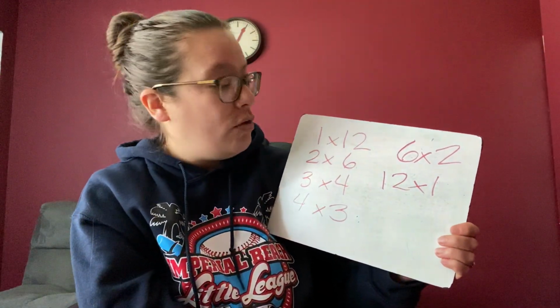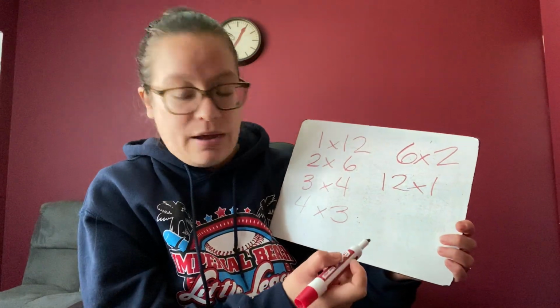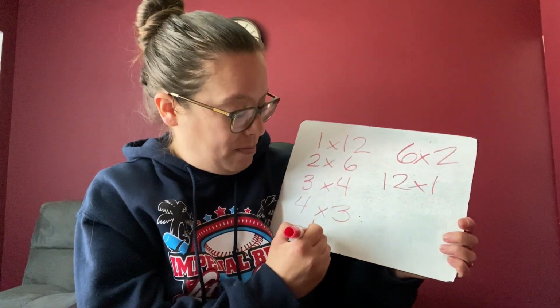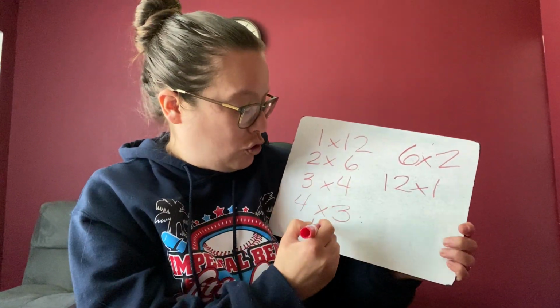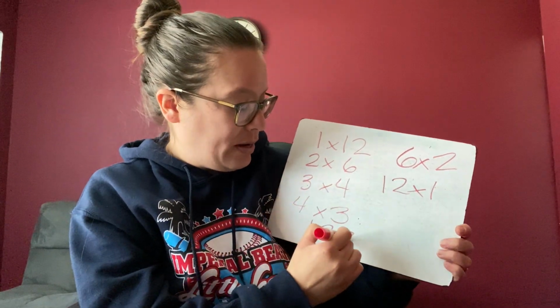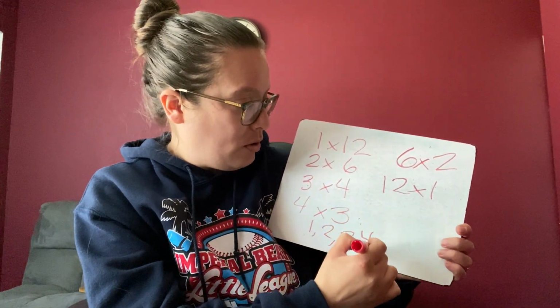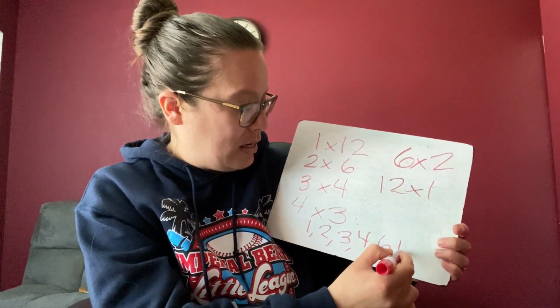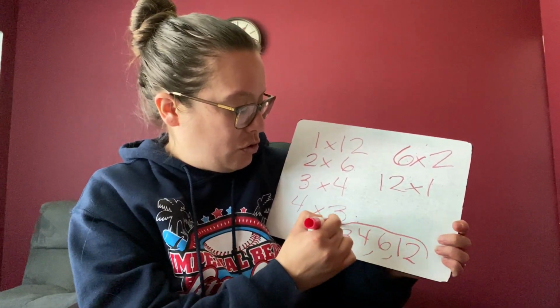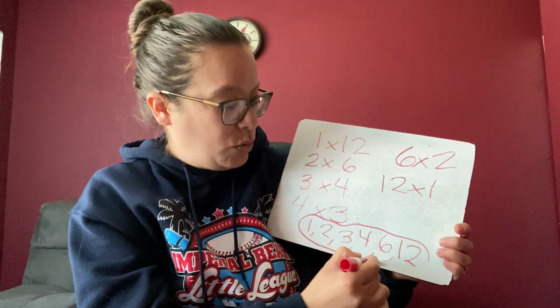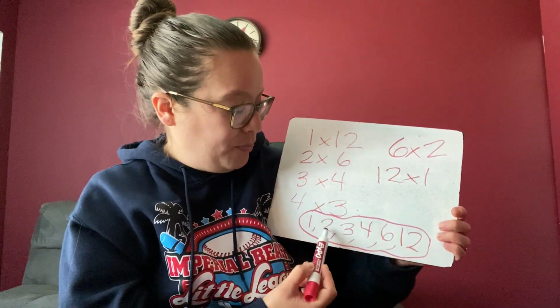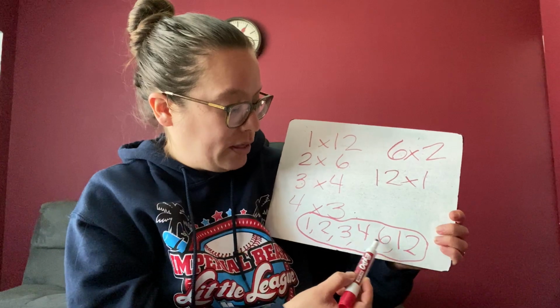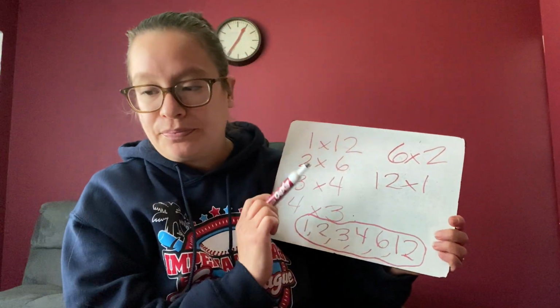So 12 is a multiple of 1, 2, 3, 4, 6, and 12. So your answer would be 12 is a multiple of 1, 2, 3, 4, 6, and 12.